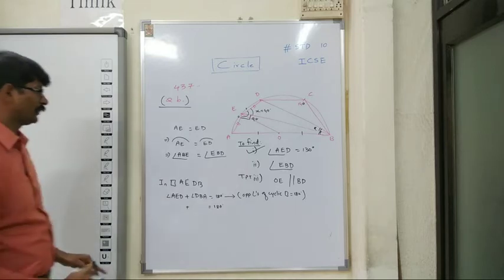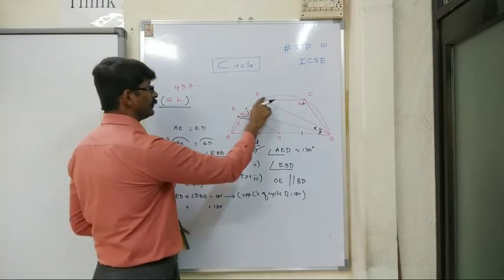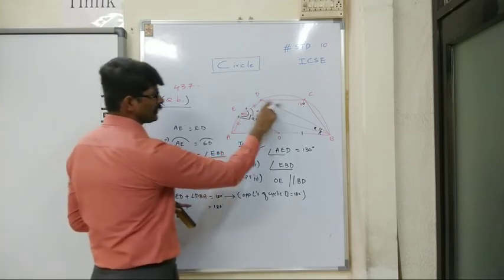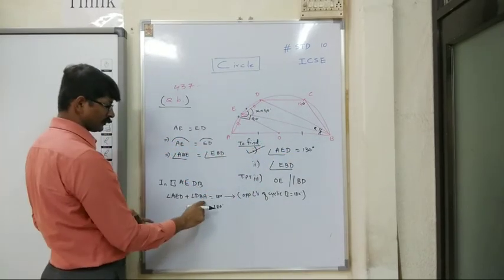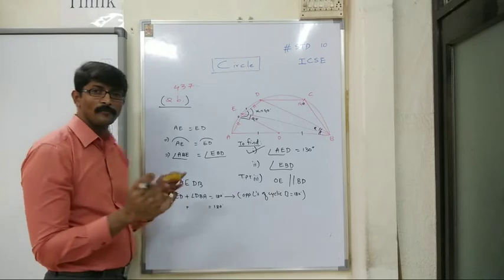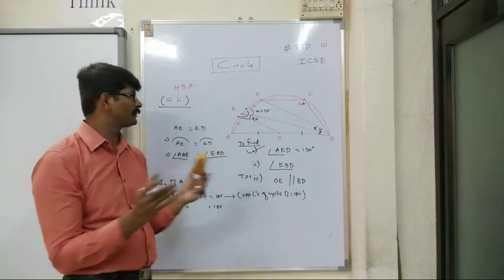So we got angle AED plus angle DBA is supposed to be 180 degree because opposite angles of the cyclic quadrilaterals add up to 180 degree.